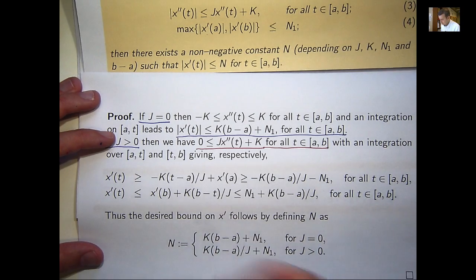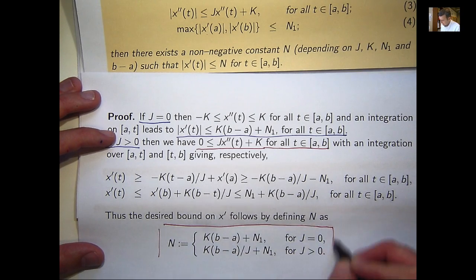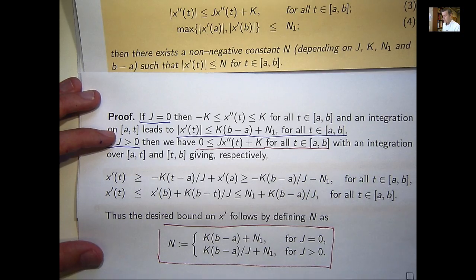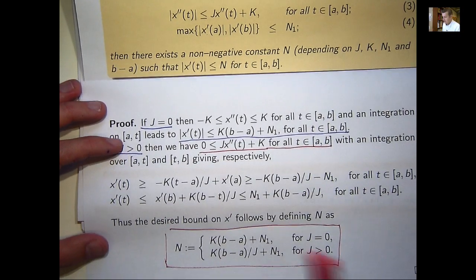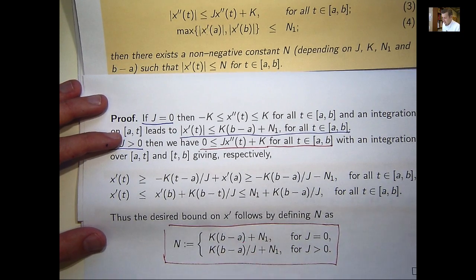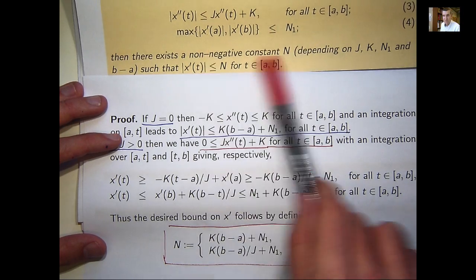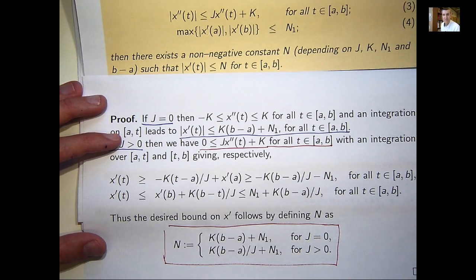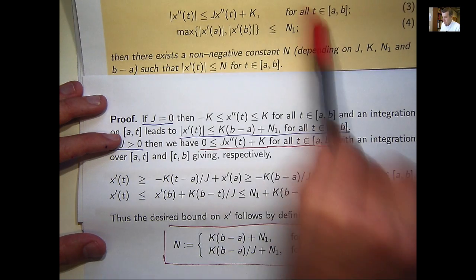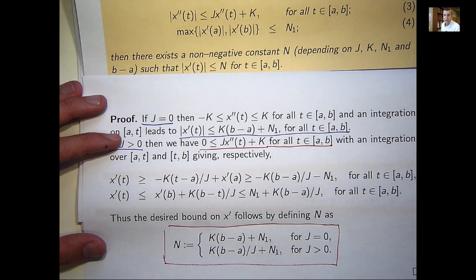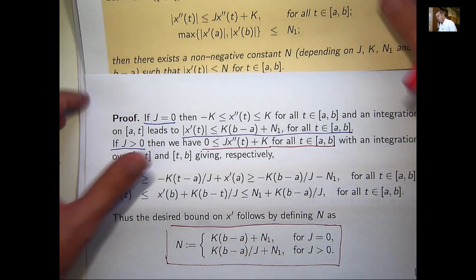Okay, so this number N is known as an a priori bound. Now, note that in practice, little a is known, little b is known, big K is known, big J is known, big N1 is known. Okay, these things are all calculable from the differential equation under consideration, assuming that these things hold, of course. So N will just be some number.